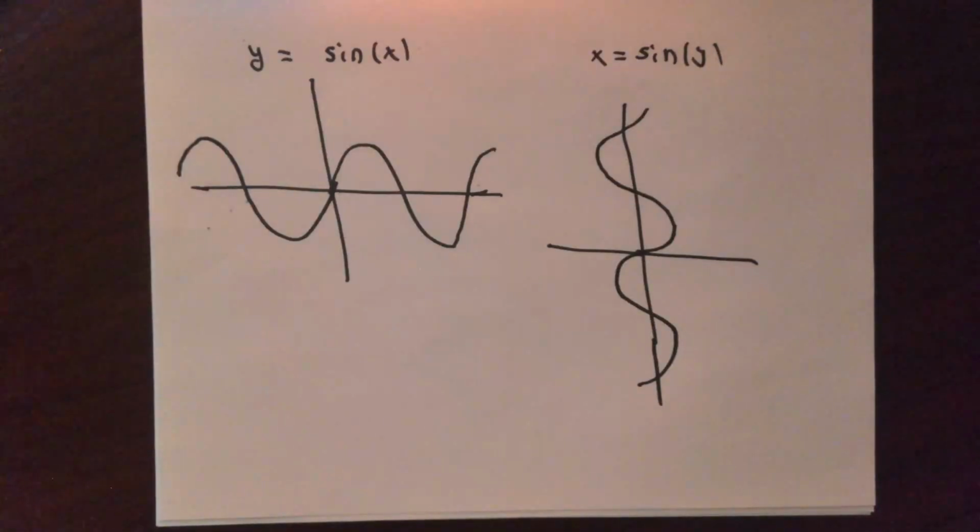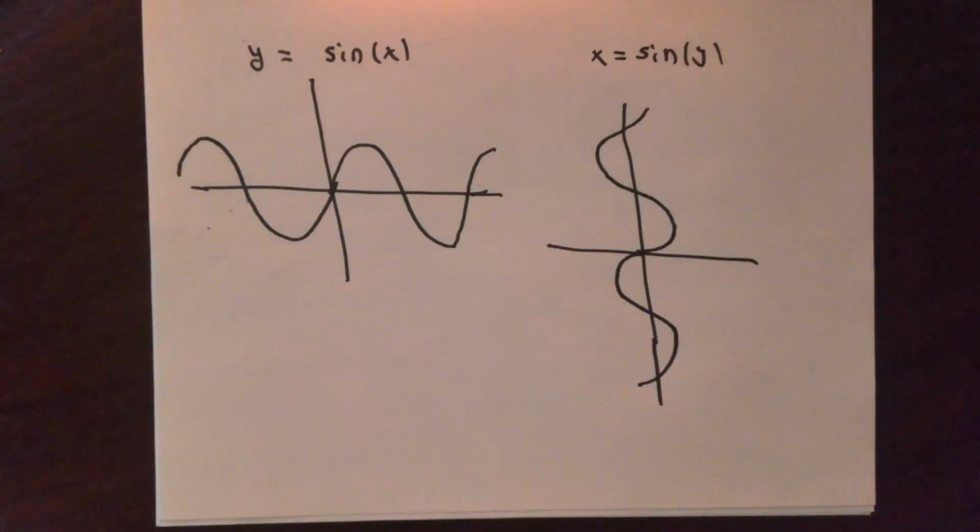I want to think about the graph of the sine function, the graph of y equals sine x. We all know that it is periodic with period 2 pi, has a maximum value of 1 and a minimum value of -1. When we want to construct the inverse to a function, if you remember, we interchange the x's and the y's.